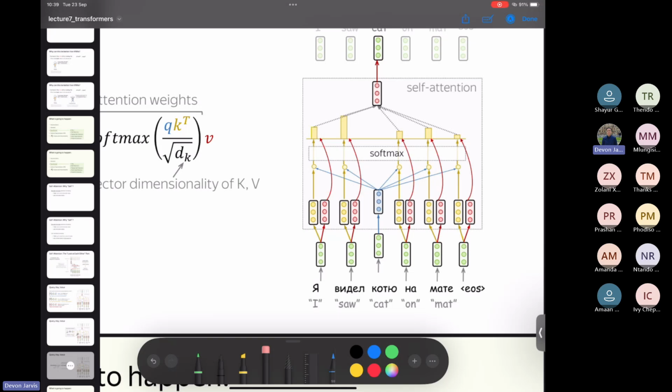Keys and queries go together. When we get the dot product and those vectors are pointing in the same direction, that's what maximizes the dot product. When vectors point in the same direction, they will be high. When they point in different directions or are orthogonal, that will be low. If they point in opposite directions, it's going to be negative, which means that's going to go into a softmax, and the softmax is going to reduce that. So ultimately, all we really want is for these two vectors to point in the same way.